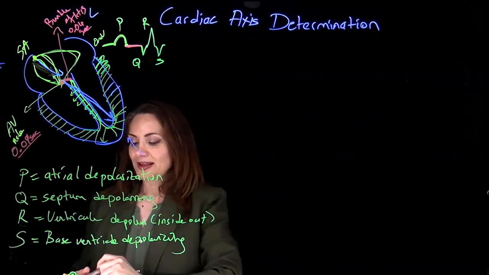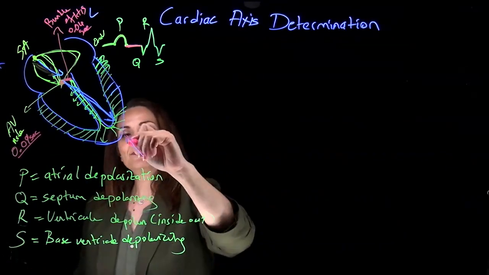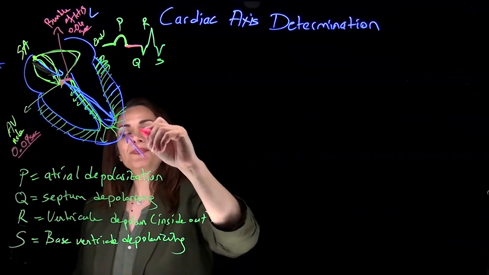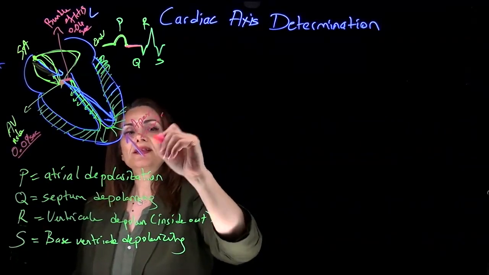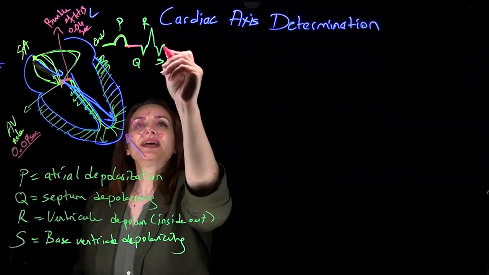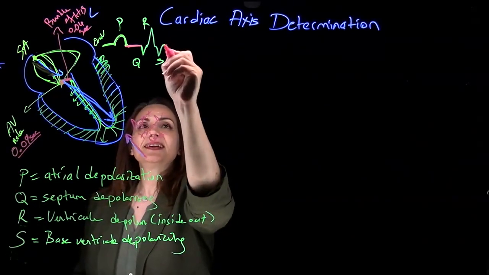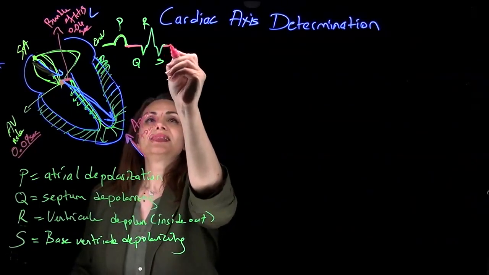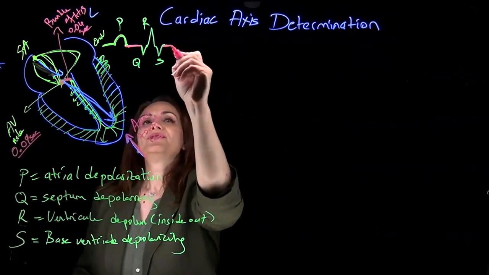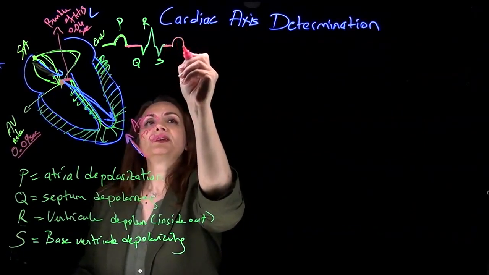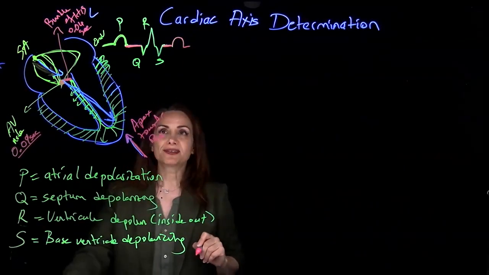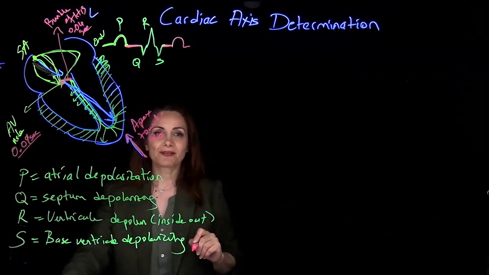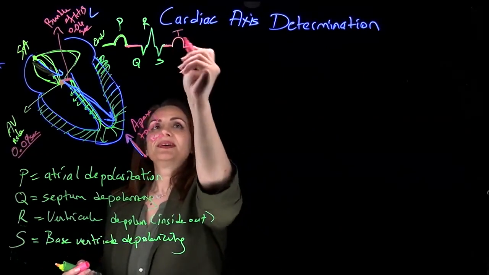So now it goes where it came from, from the apex towards the base. This way we have electrical activity in repolarization going away from our positive electrode, which we're going to talk about in a second. So we are now recording a positive T wave. All right, so this would be the T wave.